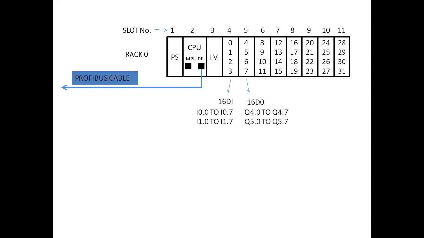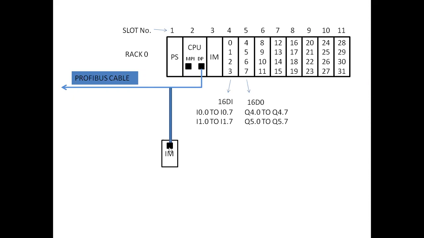Different protocols are available in the market, but here Siemens follows Profibus communication. Profibus was Siemens proprietary initially, but now they have made it an open bus communication, which means you can also add third party modules, not only Siemens modules. So you can have extension here.